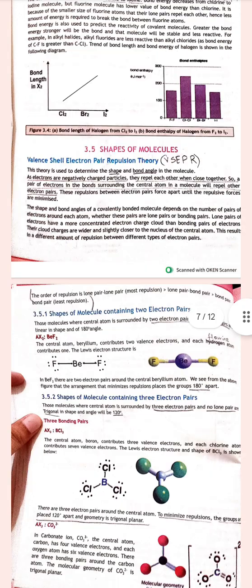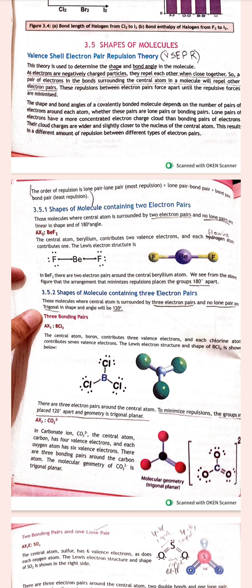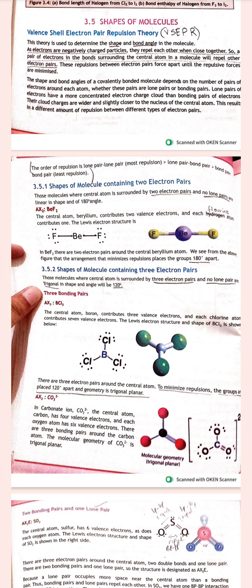Now we have the shapes of molecules, and we are going to study the VSEPR theory, that is valence shell electron pair repulsion theory. This theory is basically used to determine the shapes and the bond angles. So this was the first concept regarding the theories of chemical bonding and shapes of molecules.